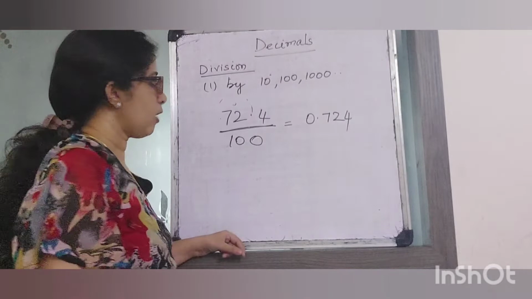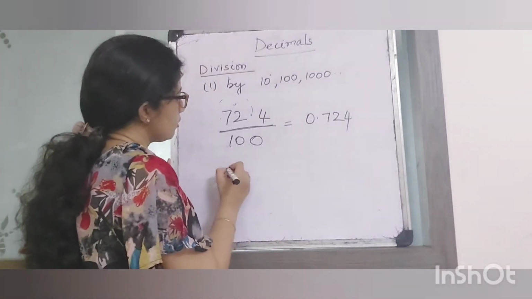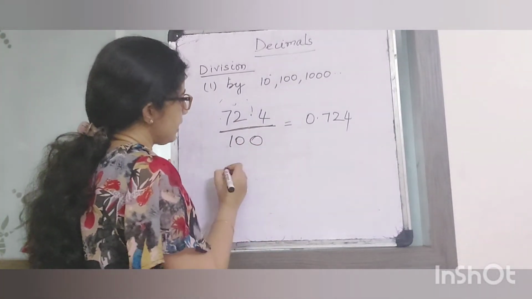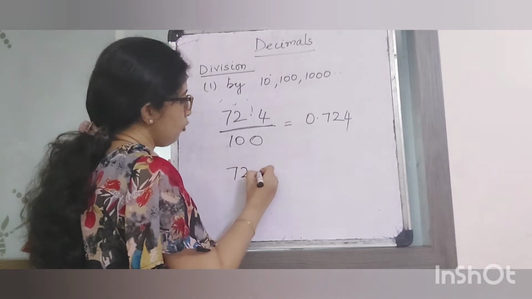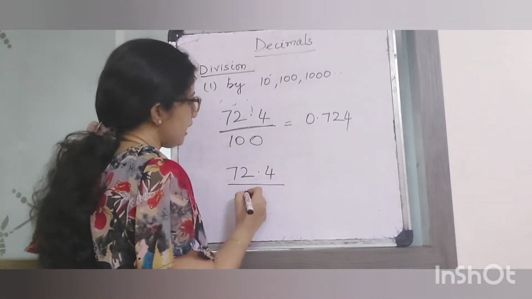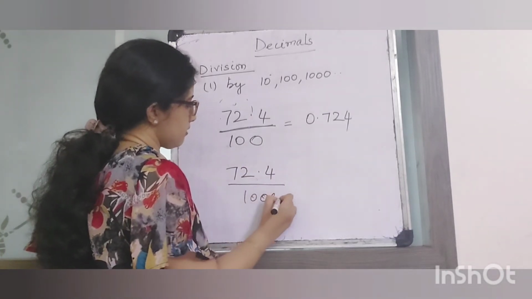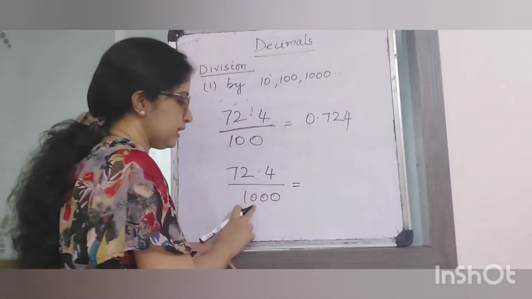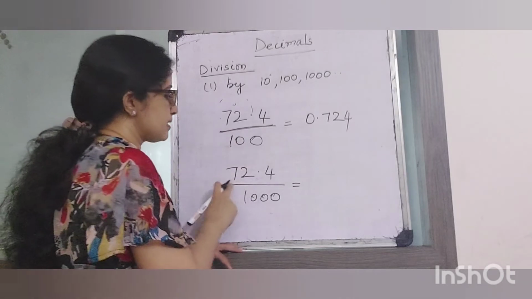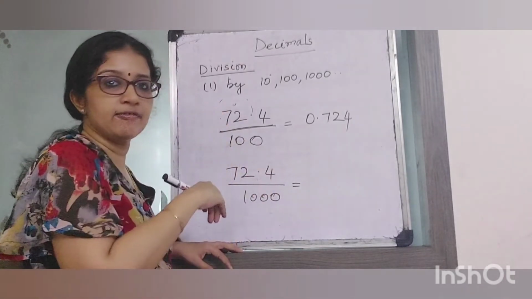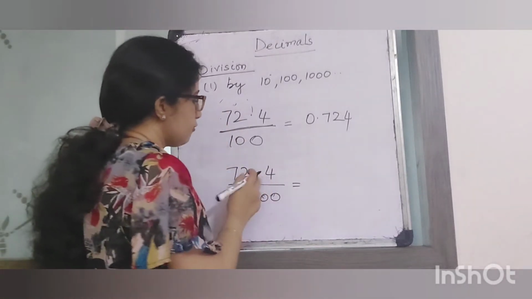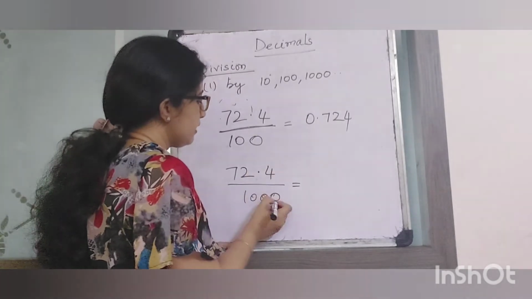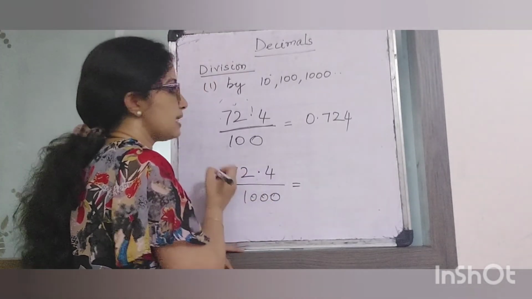Clear? Now we'll move on to the 1000. We'll take the same example. 72.4 divided by 1000. What will be the answer? Since it is 1000, 3 places. Since it is division, towards the left. We have to shift this decimal point 3 places towards the left.